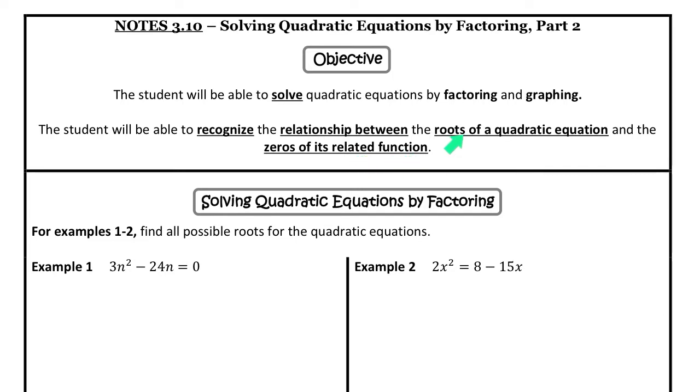So the roots and zeros, these two have the same meaning. So if you use the word roots, if you use the word zeros, these two mean the same thing, and they actually have a third term that they're referred to as. These are actually x-intercepts.